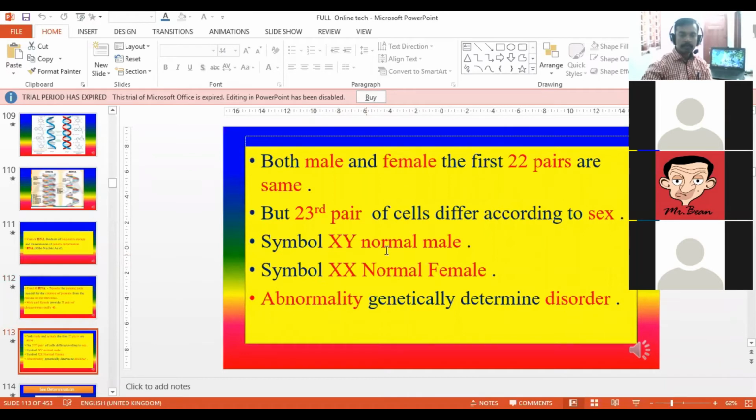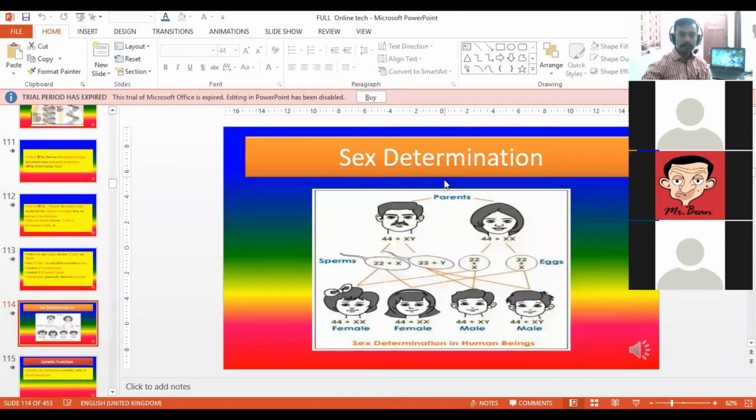Symbol XY is normal male, symbol XX is normal female. Abnormality determines disorders. Look at this: sex determination in human beings.